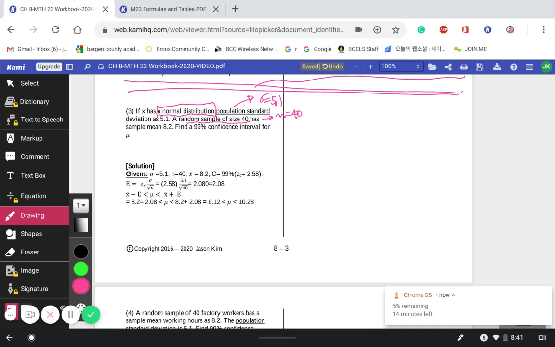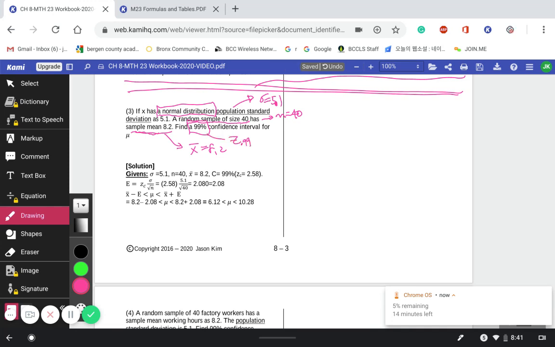And has a sample mean of 8.2. That means x bar equals 8.2, because sample mean means x bar. Now they want to find the 99% confidence interval, so that means z of 0.99.